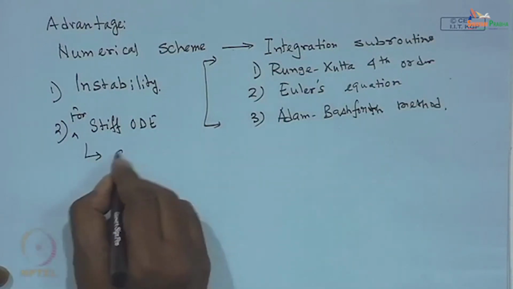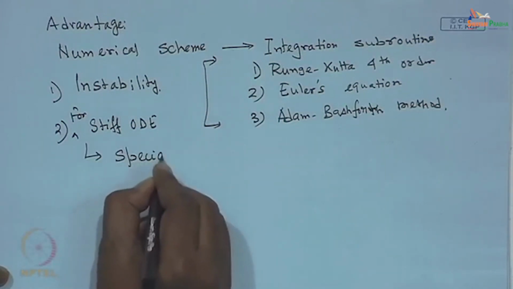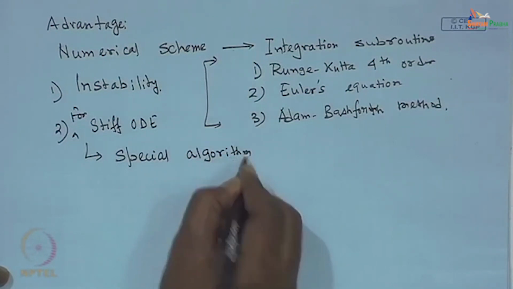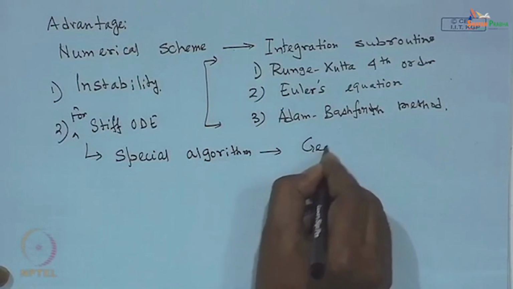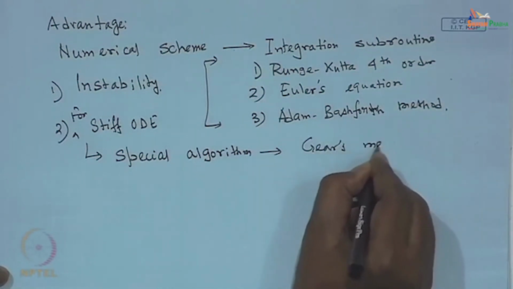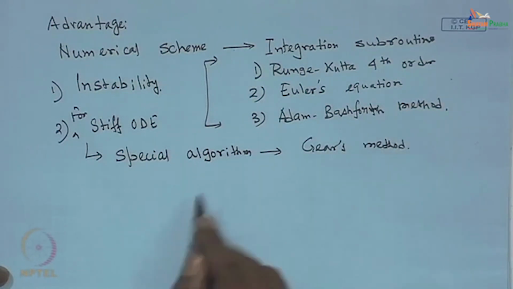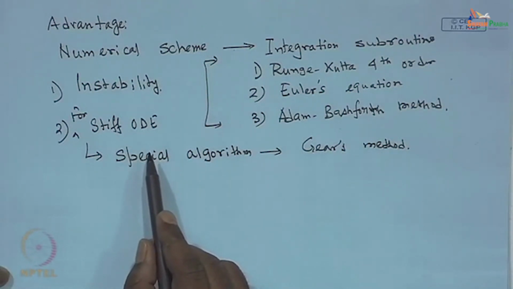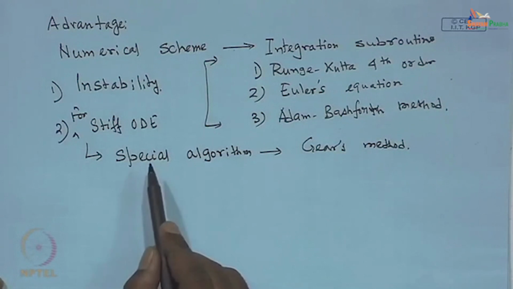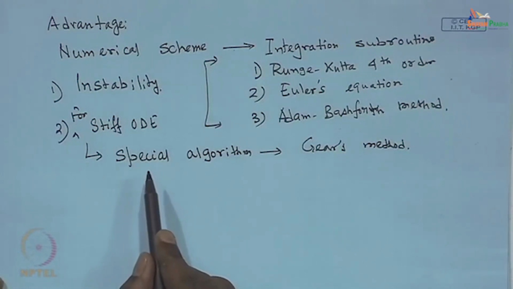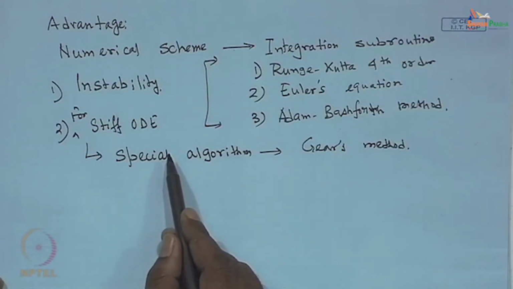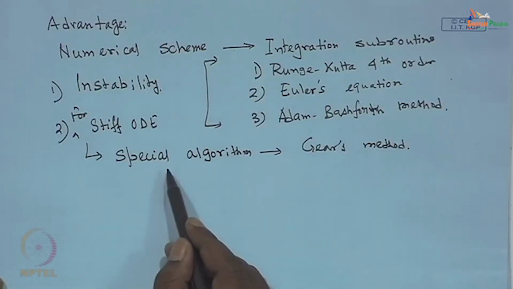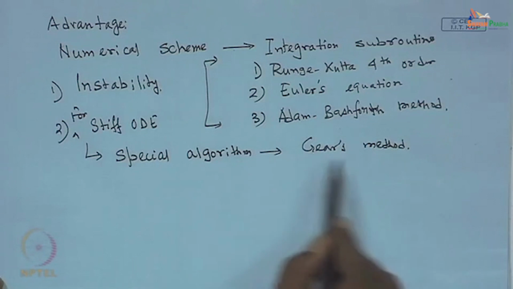Then you have to use a special algorithm like Gear's method. Stiff ODE means a small variation of the independent variable gives a large variation in the dependent variable. That is called a stiff ordinary differential equation, so you require a special algorithm for it.